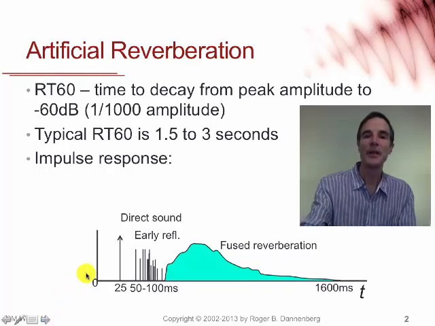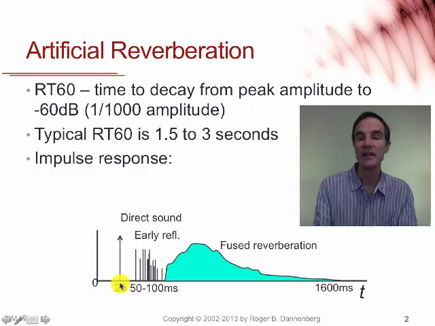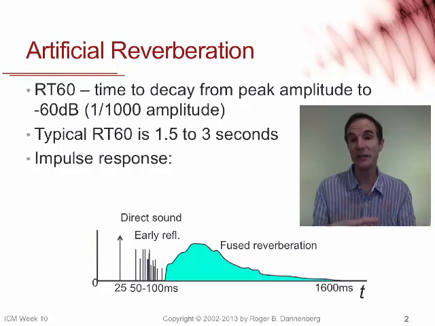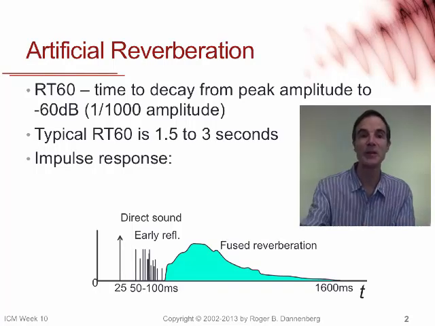And if we look at how that evolves over time, we see, first of all, the direct sound reaches the listener after some time delay. So here we show that as about 25 milliseconds, indicating perhaps the listener is seated about 25 feet from the stage or the source of the impulse.